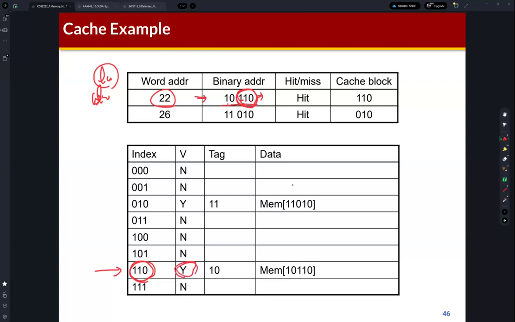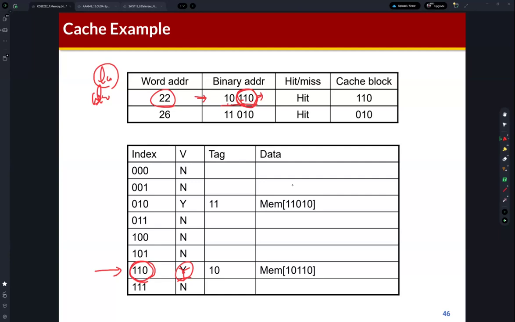Oh, the target cache entry has valid data because the valid bit is 1. Then we need to check whether the requested data exists in the cache, or not, because our cache has valid data. So how can we check the address of this data?